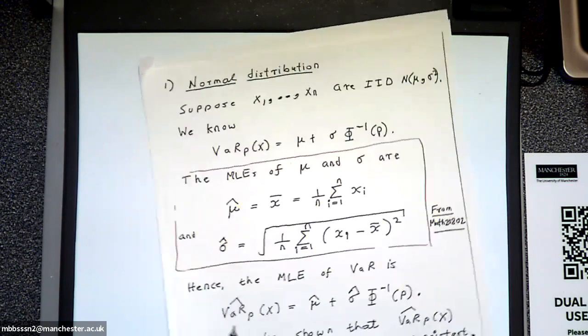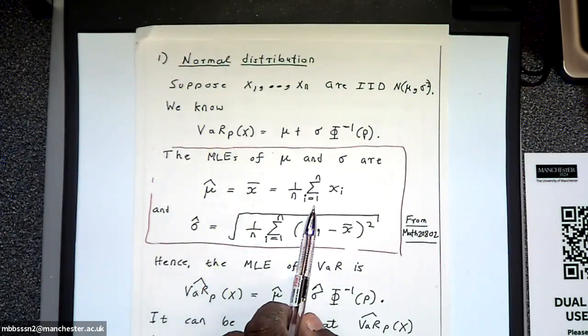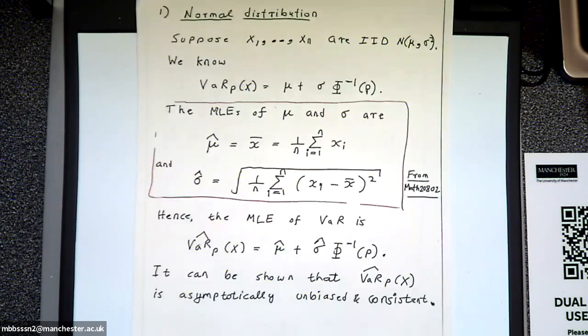And you should know from statistical methods that the estimator for mu is the sample mean, the estimator for sigma is given by this. And hence the estimator for VaR is given by this. It can be shown that this estimator is asymptotically unbiased and consistent. I'll come back to that later. Okay. So that's the first of the parametric methods, right?